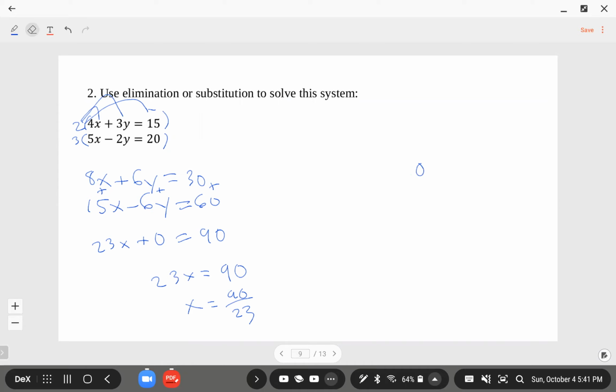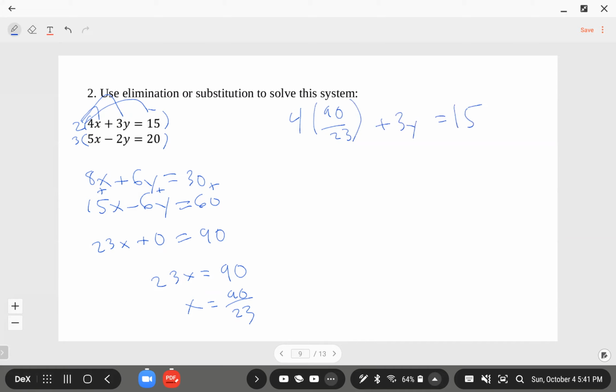You can also do 5x minus 2y equals 20. Any equation that is true. So let's do the first original equation. 4 times 90 over 23 plus 3y equals 15.